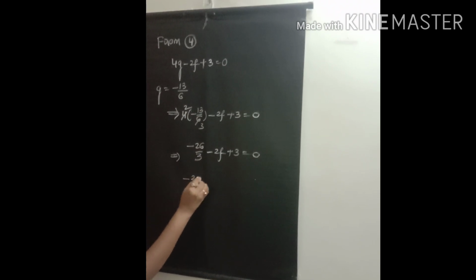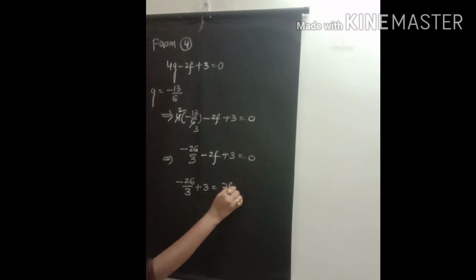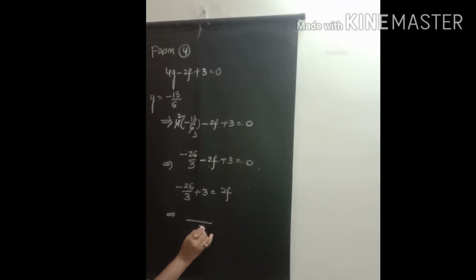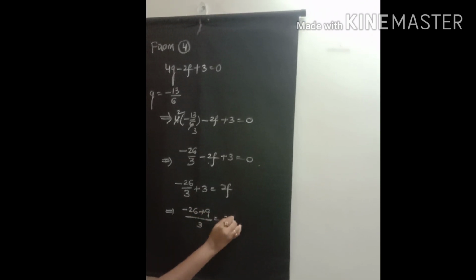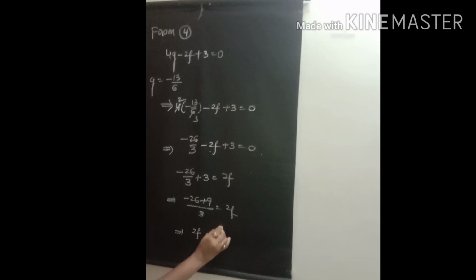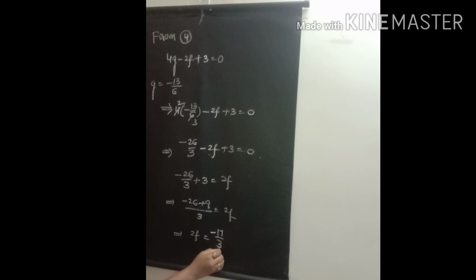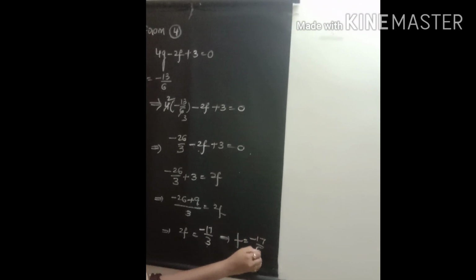So minus 26 by 3 plus 3 is equal to 2f. Taking 3 as LCM, minus 26 plus 3 3s are 9, so 2f is equal to minus 17 by 3, which implies f is equal to minus 17 by 6.